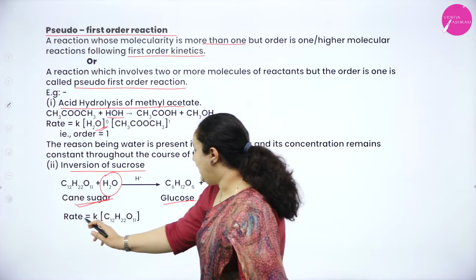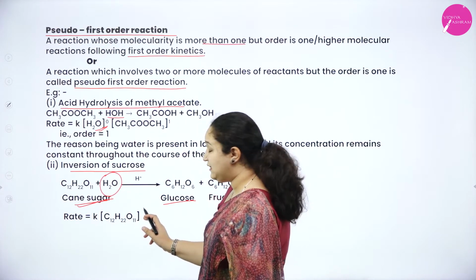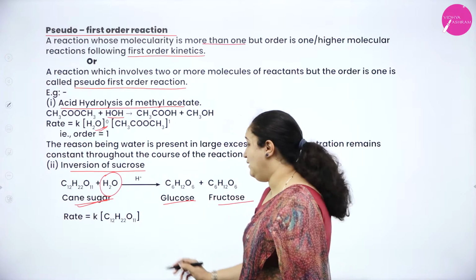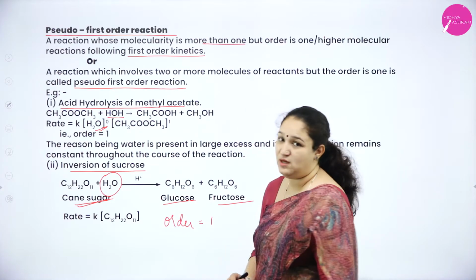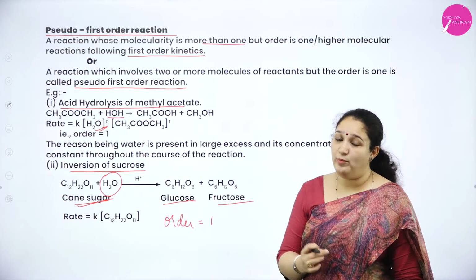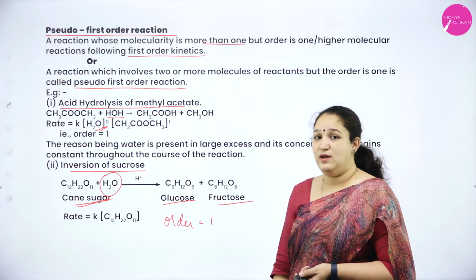Okay, so the rate can be written as k[C12H22O11]. Nothing is written here, that means the power is 1 and the order of this reaction is 1. So I hope you have understood what is the meaning of pseudo first order reaction.